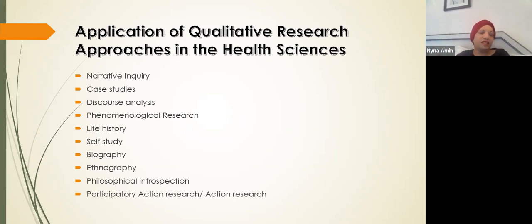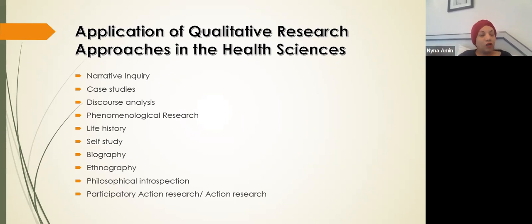And then, of course, there's participatory action research, and this is often used in community health practices where you're working with communities and you want to change their habits of care or their treatment regime or something of the sort.